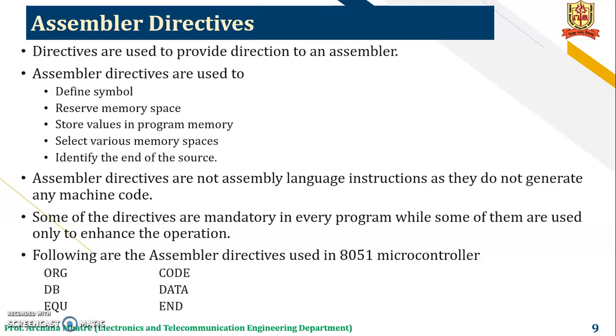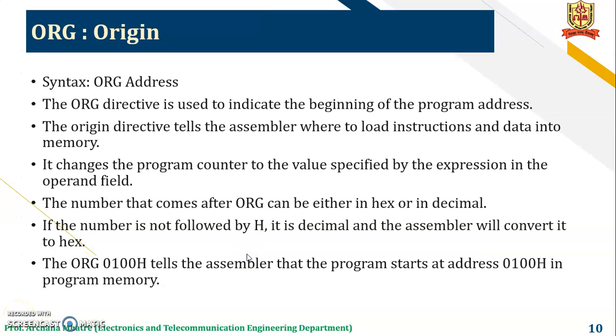Following are the assembler directives used in the 8051 microcontroller: ORG, DB, EQU, code, data, etc. The first directive is ORG, that is origin of the program. The syntax is ORG and a particular address. The ORG directive is used to indicate the beginning of the program address.